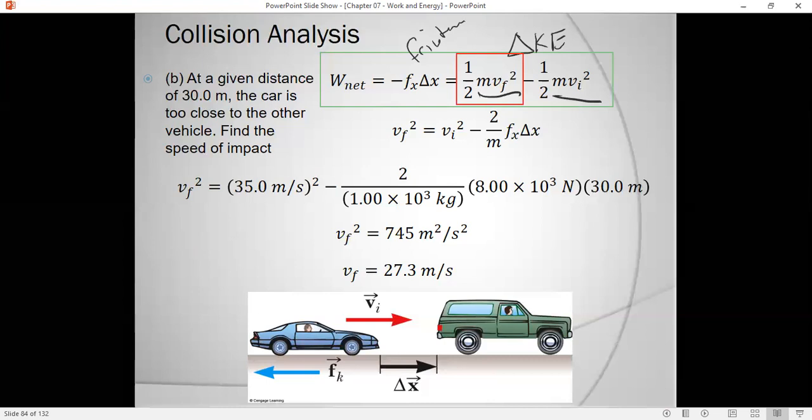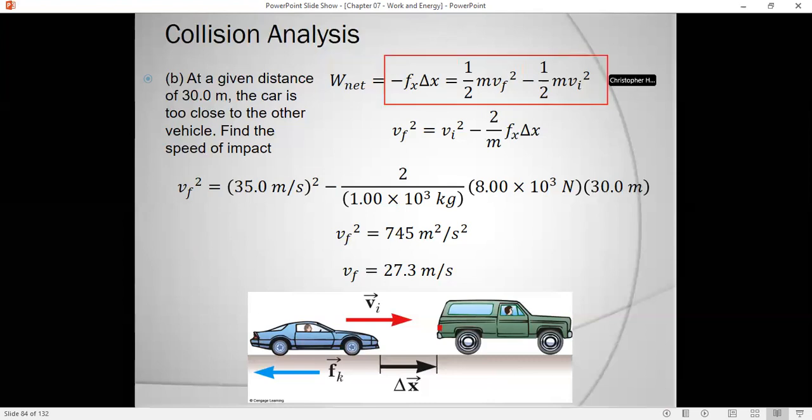I put all the terms together. Let me clear this first. Really, we're just taking this equation right here. The first thing I'm going to do, this whole thing, multiply both sides by 2. What that'll do is I'll get rid of the 1/2s that are here. It makes it a little bit easier to solve. And then I'm trying to solve for the final velocity. So in addition to that, I'll divide everything by m.